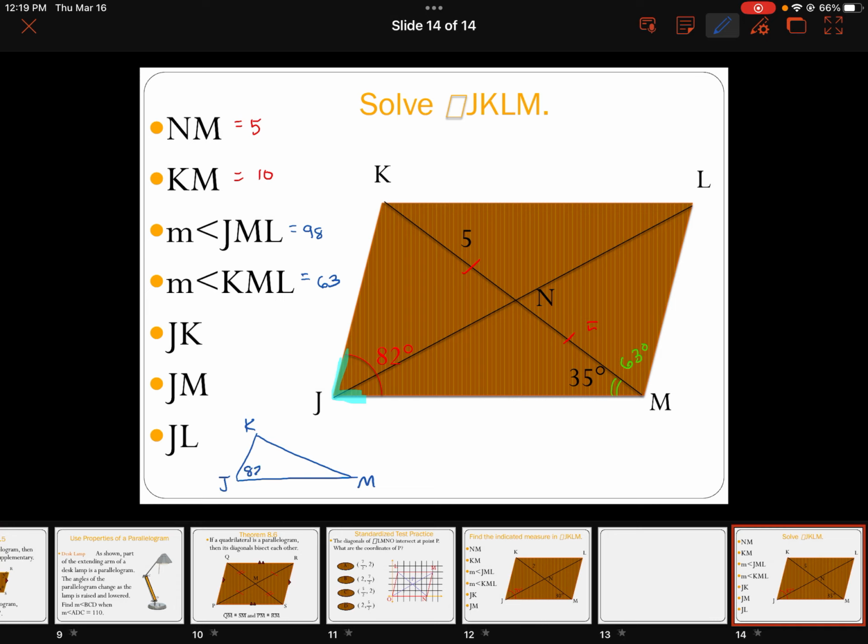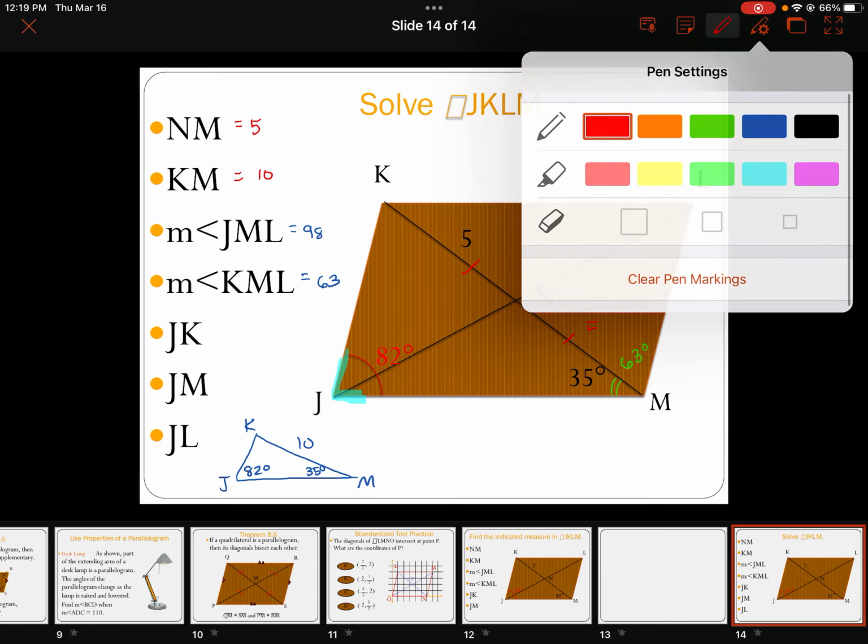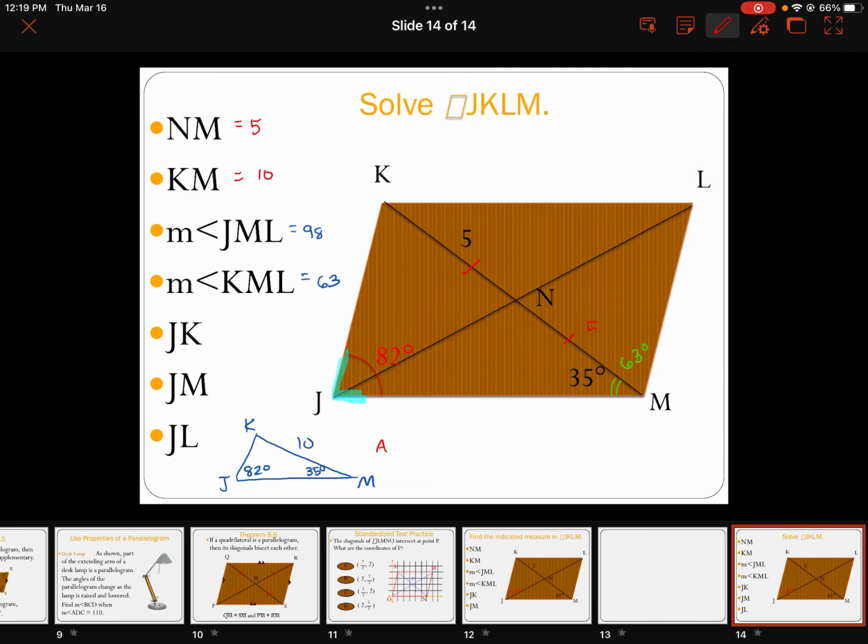We have the measure of angle J is 82 degrees, and this angle down here is 35 degrees, and we know that side is 10. You have 2 angles and a side that isn't included. Could you find this other side? We'll just call it X for right now.